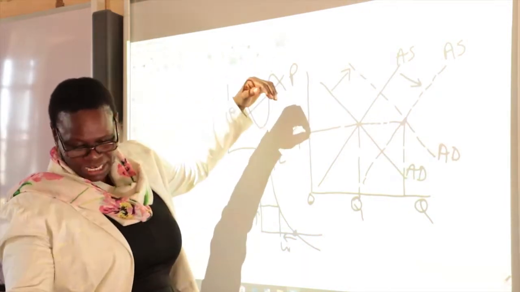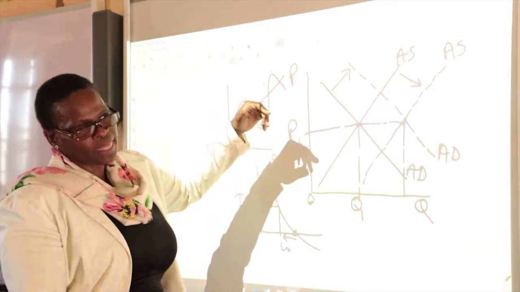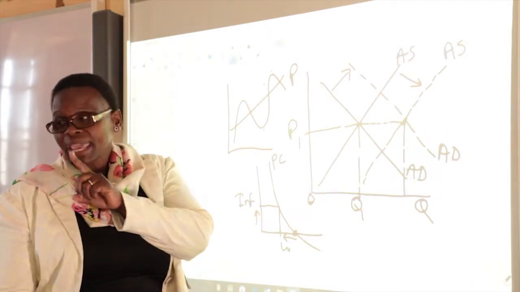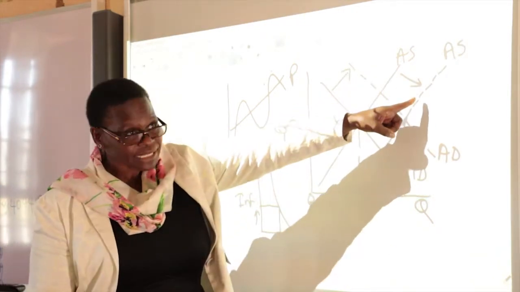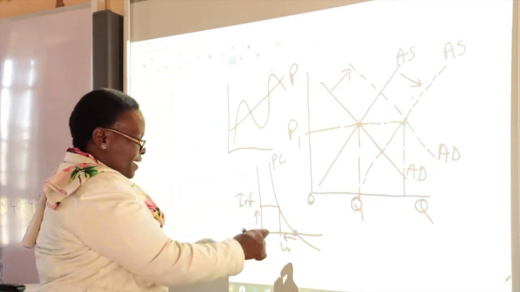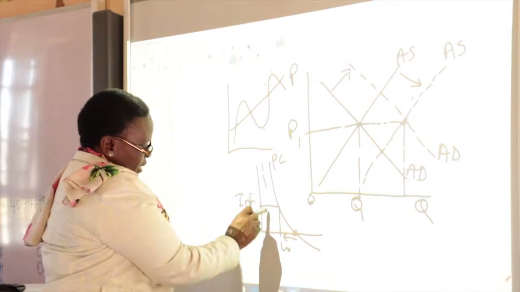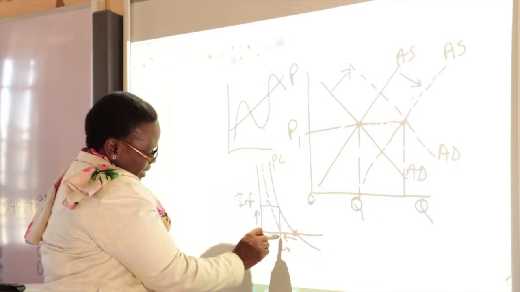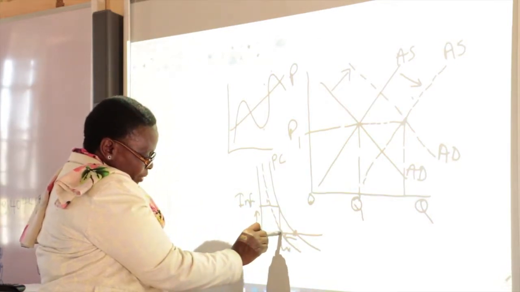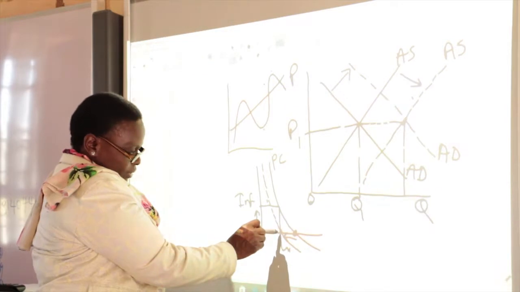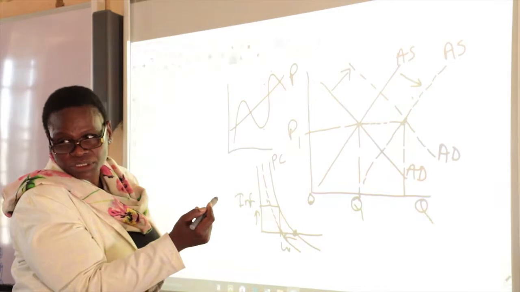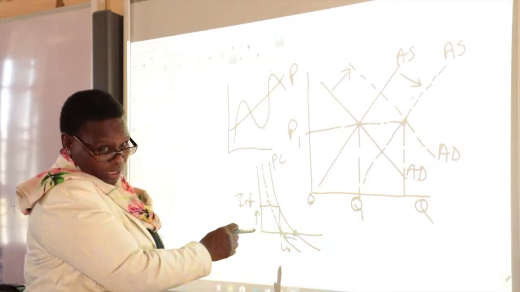And if we try to fight inflation, people buy less, producers have to produce less, they would have to lay off some of the workers. It leads to unemployment. Such that we had to introduce the supply side policy, which shifted the PC curve to the left, such that the level of unemployment that we wanted to achieve could now be achieved with zero inflation, which means the natural rate of unemployment.